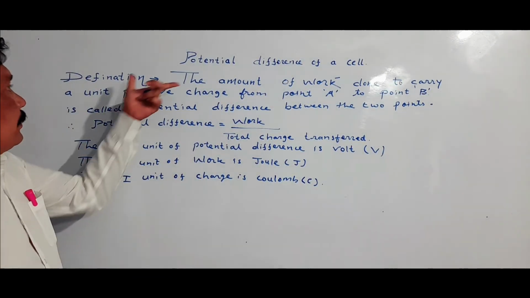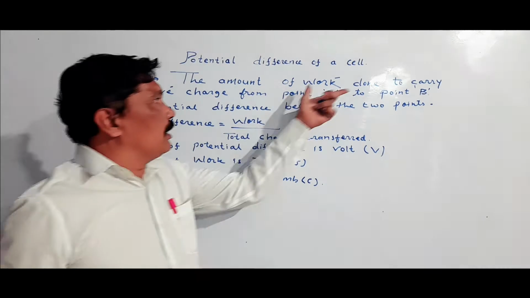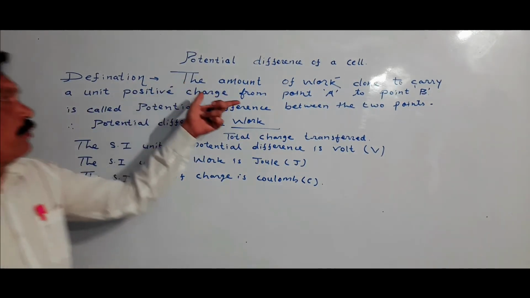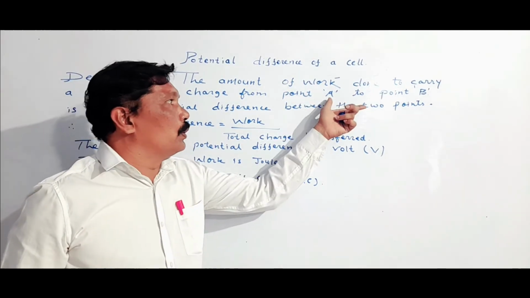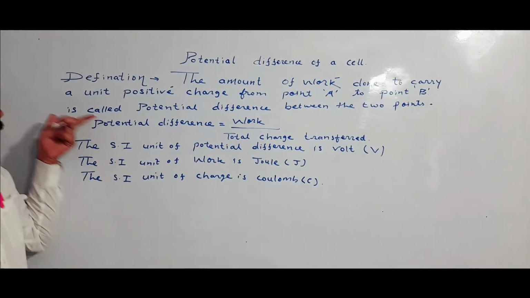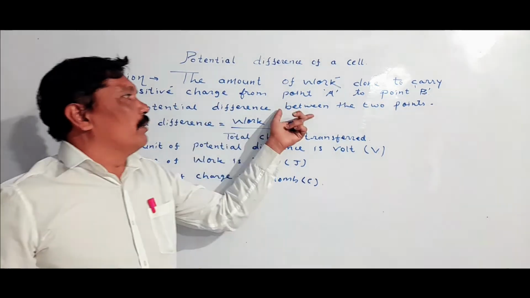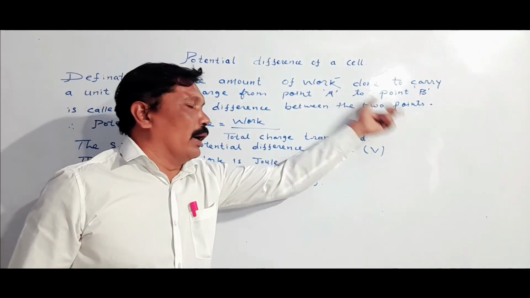One more time. The amount of work done to carry a unit positive charge from point A to point B is called potential difference between the 2 points.